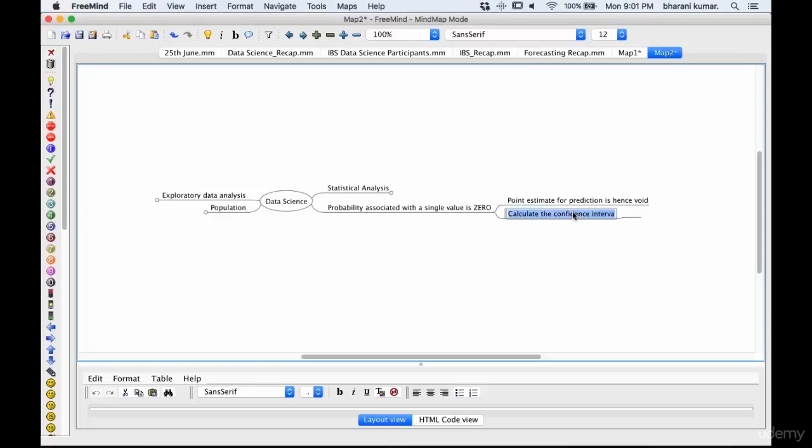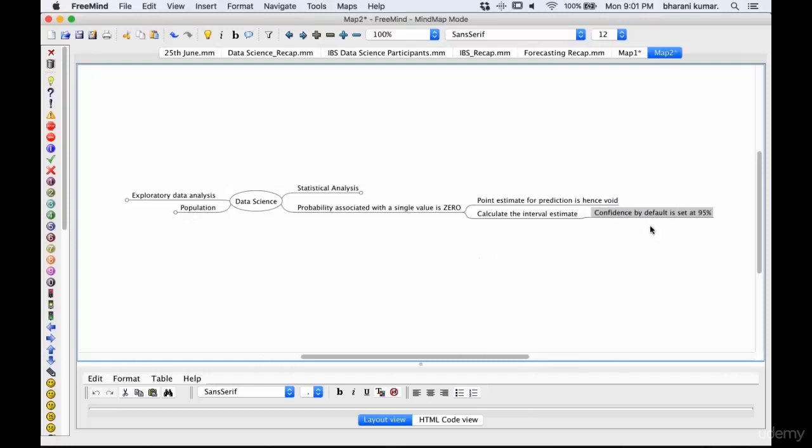So you need to come up with an interval estimate basically. And when you want to come up with an interval estimate, you need some confidence. You cannot come up with any interval of your choice. So the confidence by default is set at 95%. And then you need to calculate the confidence for this.